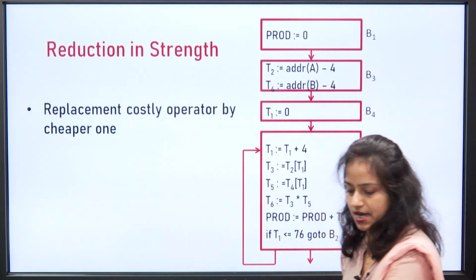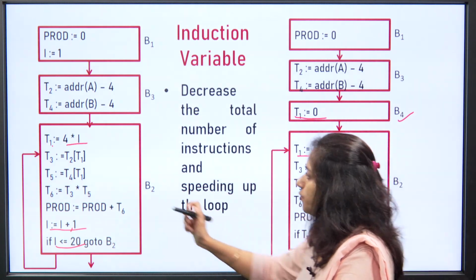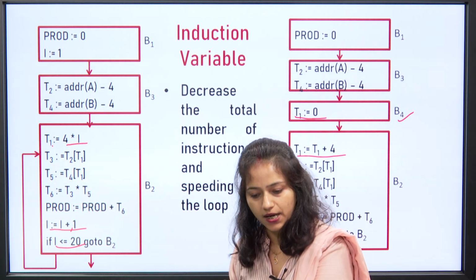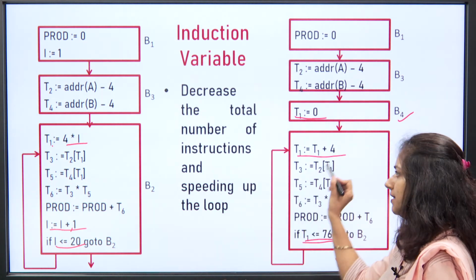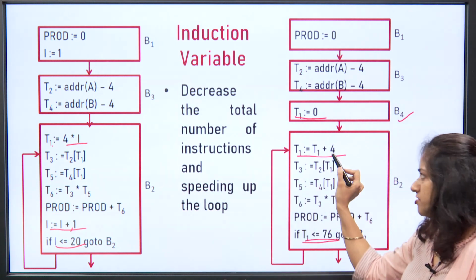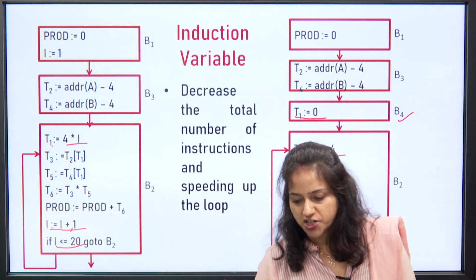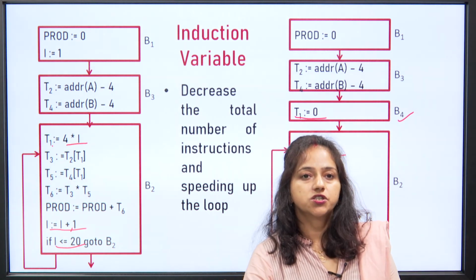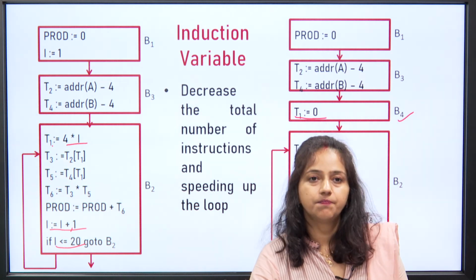So, we can see here that we are doing the multiplication, and in the step of the inductive variable we change it to the plus operator. So, this is the costly operator and this is the cheaper operator, meaning the computational cost for doing the addition is lesser than the computational cost required to do the multiplication.